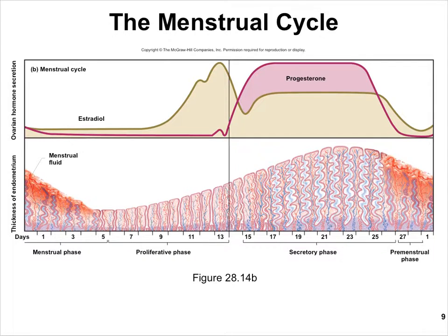Instead, it has to basically be constantly bathed in a nutrient and oxygen-rich solution. So if pregnancy occurs, this glycogen that fills up the endometrial tissue is what's going to provide nutrition support for the developing embryo until the placenta comes online.